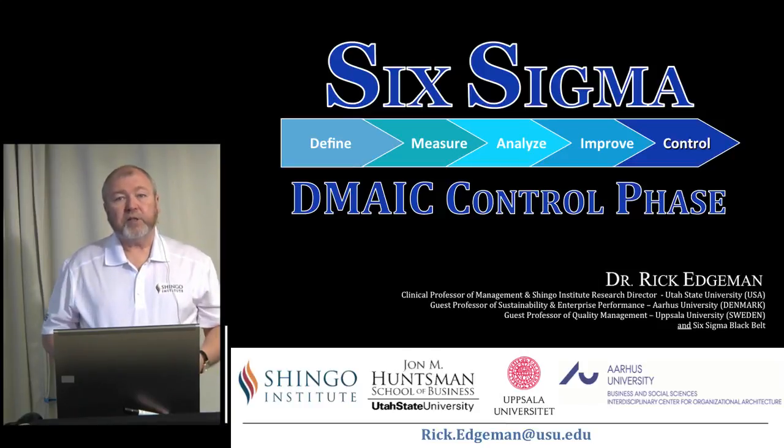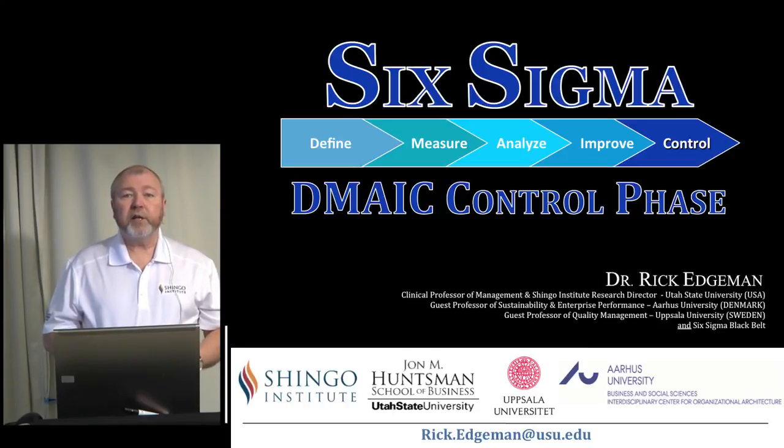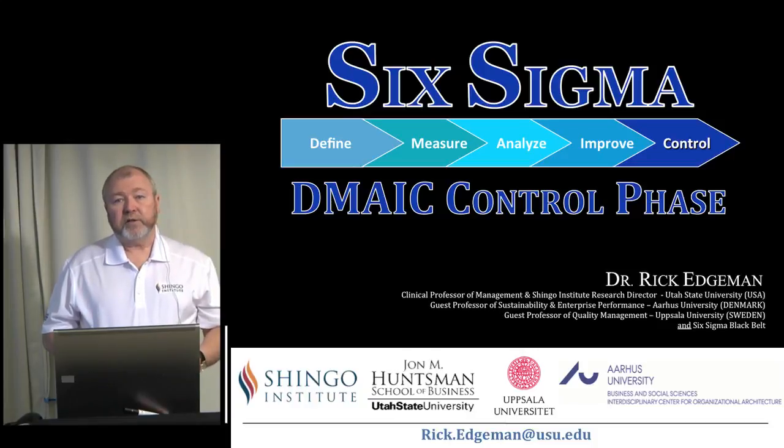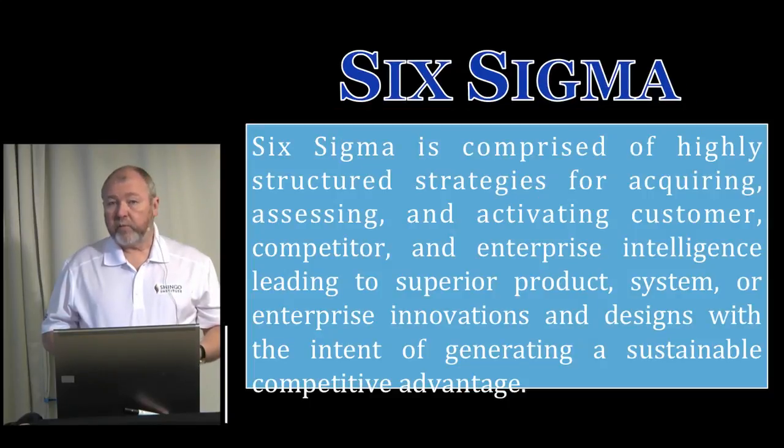So before we really launch into this final phase, let's make sure that we have a common understanding of Six Sigma. There are many definitions that we might look at, but this is the one that I use. And it's due to myself, but also to two Swedish colleagues with whom I've worked in the past. So I refer to Six Sigma as highly structured strategies for acquiring, assessing, and activating the voice of the customer or the enterprise, or even listening to the competition that we have, the competitors, and gathering intelligence from them.